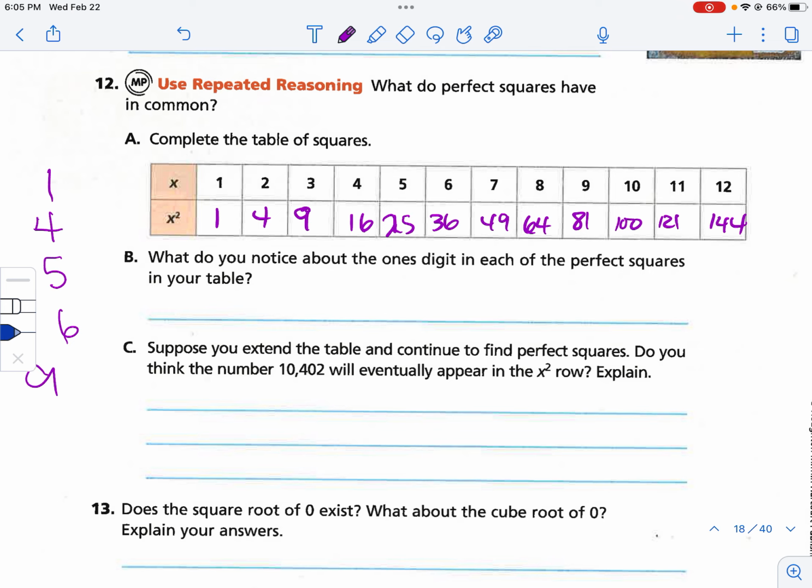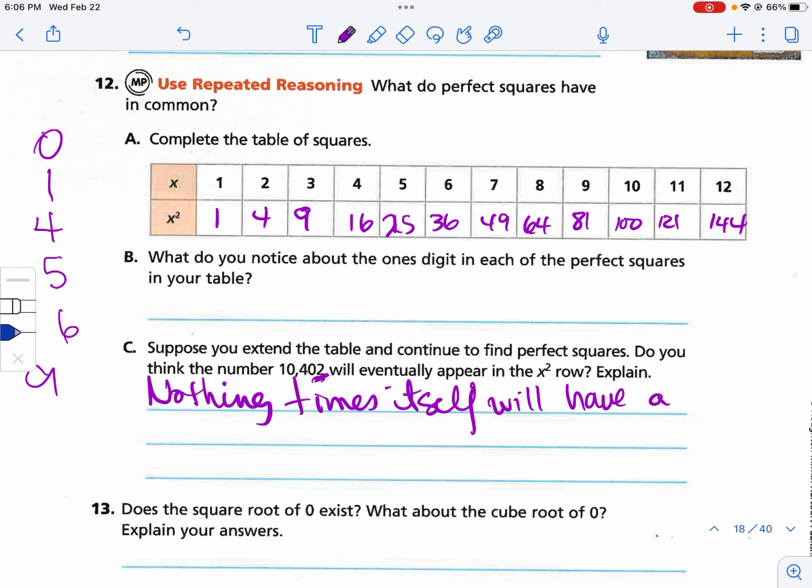There is a 9. There is a 0. Okay. It ends in a 2. So I'm going to say no. Nothing times itself will have a 2 in the ones column.